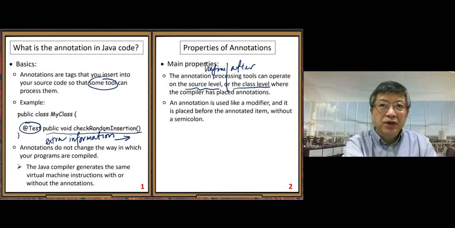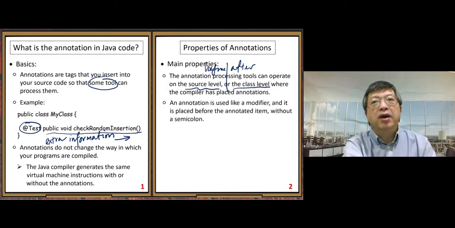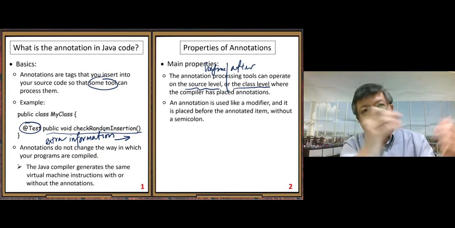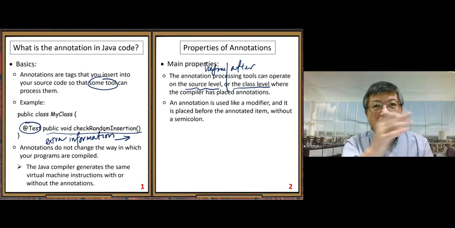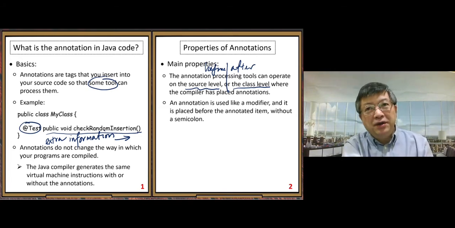An annotation is used like a modifier. We know modifiers in a Java statement, like private, public. And it is placed before the annotated item, without a semicolon.